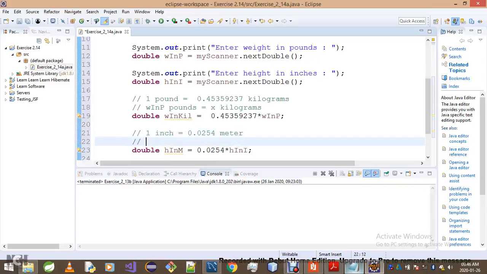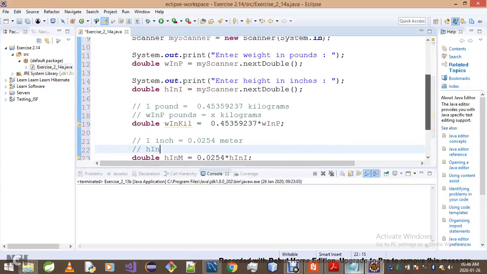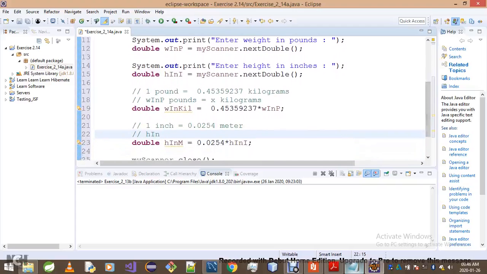So height, this variable, which is height in inches, is actually equal to something in meters.